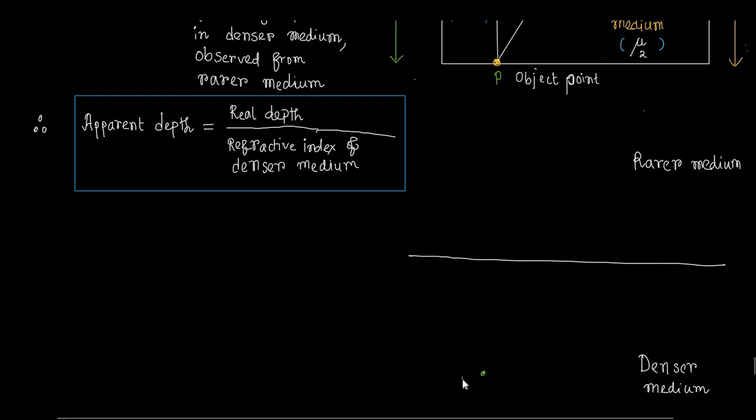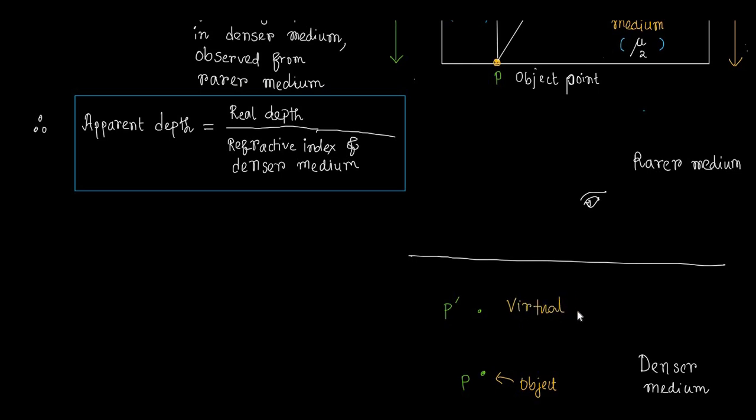In this case, a point object P exists in the denser medium, and the point object P is observed from the rarer medium. P prime is the virtual image of the real object point P, and A is a point on the interface.